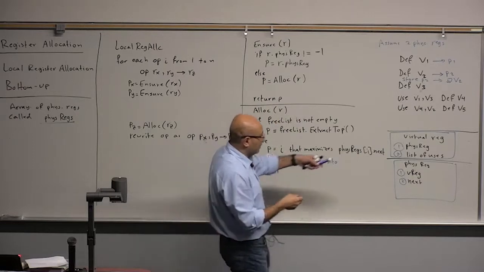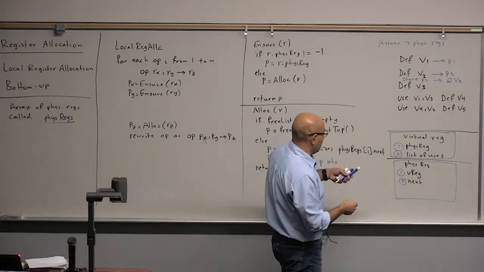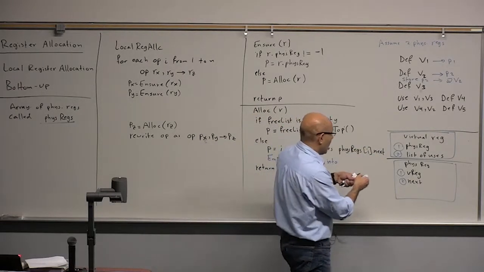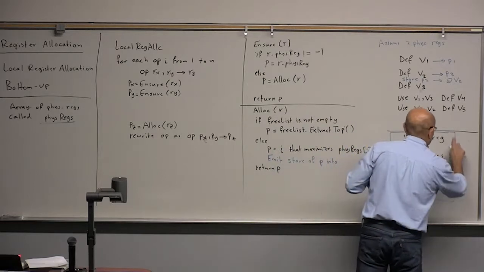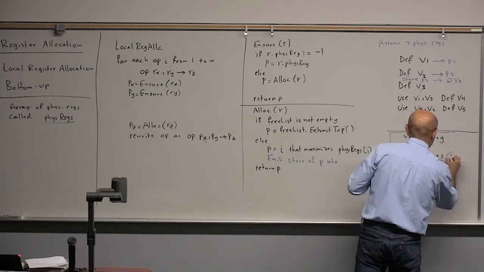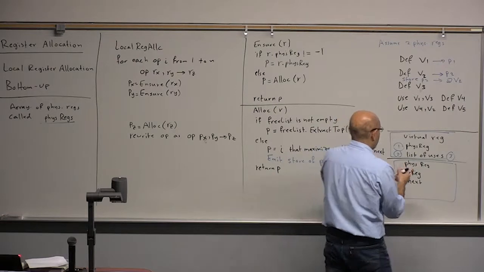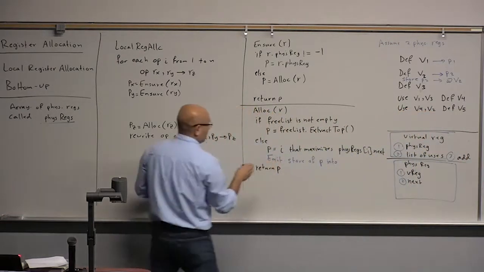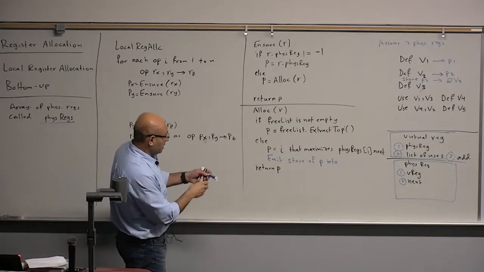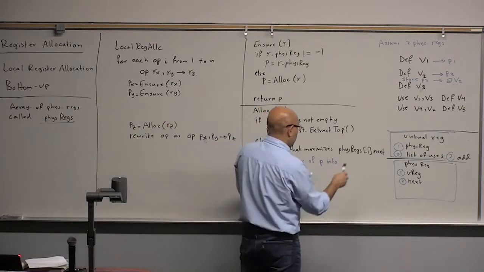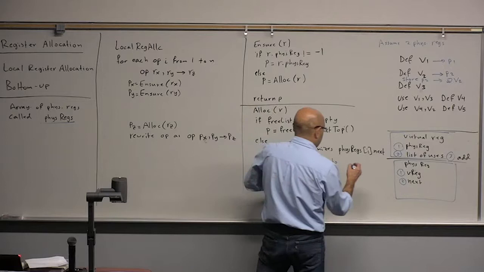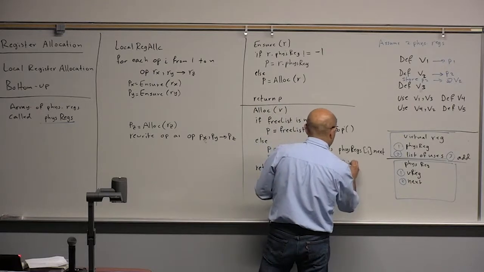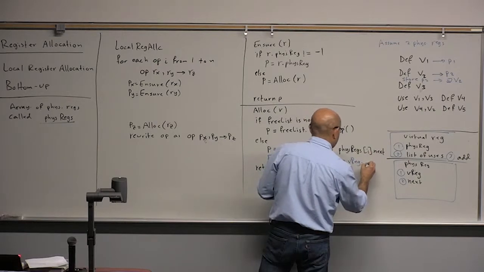So in fact, with the virtual register, we need another field for address. Let's say 3, the address of that virtual register. So emit a store of P into the address of this virtual register. So this is going to be P dot vreg dot address.